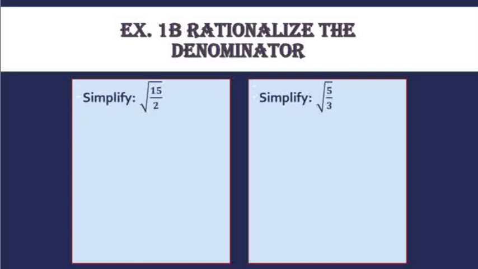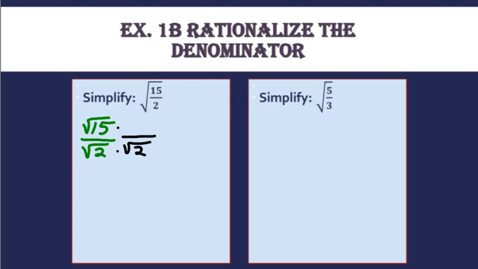So let's work through a problem ourselves. So here I have the square root of 15 halves. I need to rewrite that so I have a radical in the numerator, so square root of 15, divided by the radical in the denominator, square root of 2. Here I need to get rid of the radical in the denominator. In order to do that, I need to multiply it by itself, so the square root of 2.